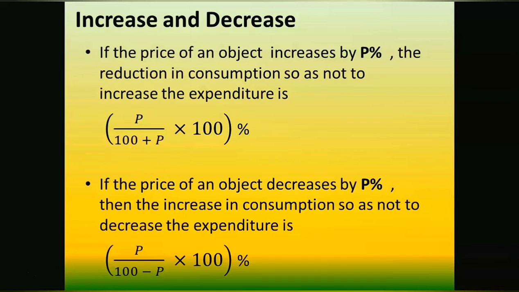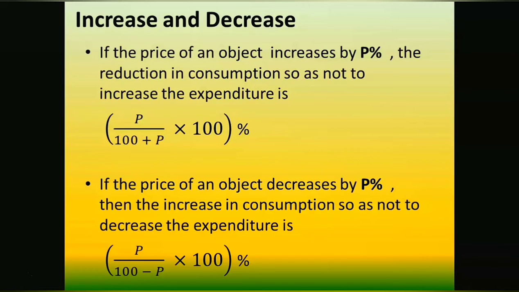Okay, let us take one simple example to understand this. Suppose if you were buying 2 chocolates for 10 rupees and now the price of chocolates has increased and it has become rupees 20. Then how many chocolates will you buy in order to keep the expenditure same, that is 10?